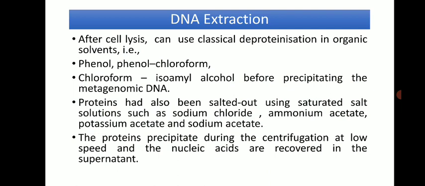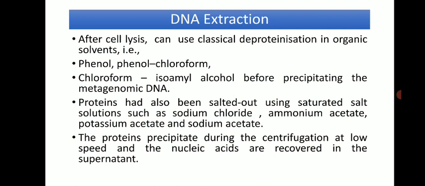So here traditional, organic solvent-based methods are used. They include phenol and phenol-chloroform extraction systems, then chloroform and isoamyl alcohol extraction systems, and proteins are major contaminants. Proteins have also been salted out using normal salting out with sodium chloride and ammonium acetate.